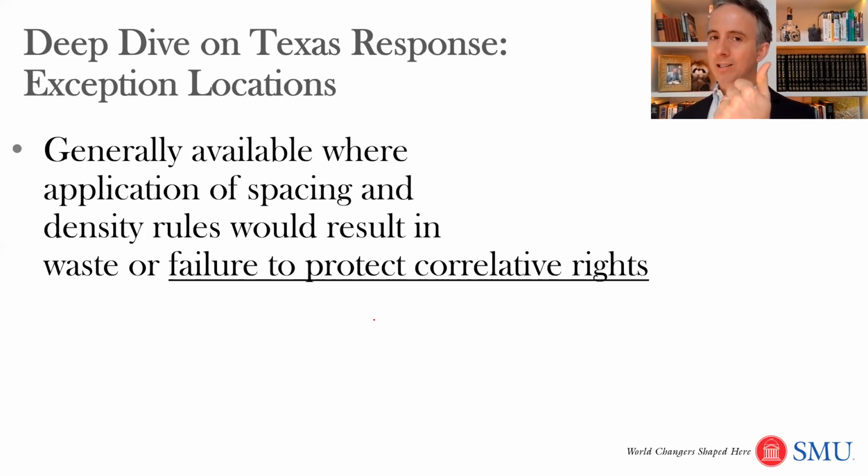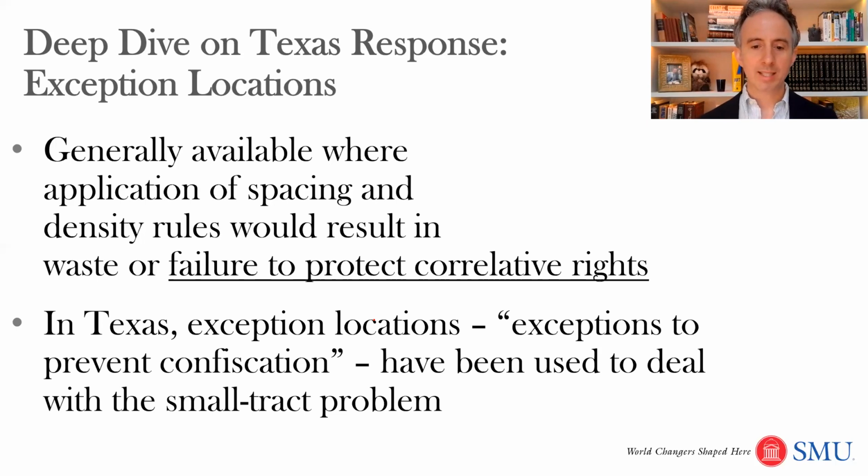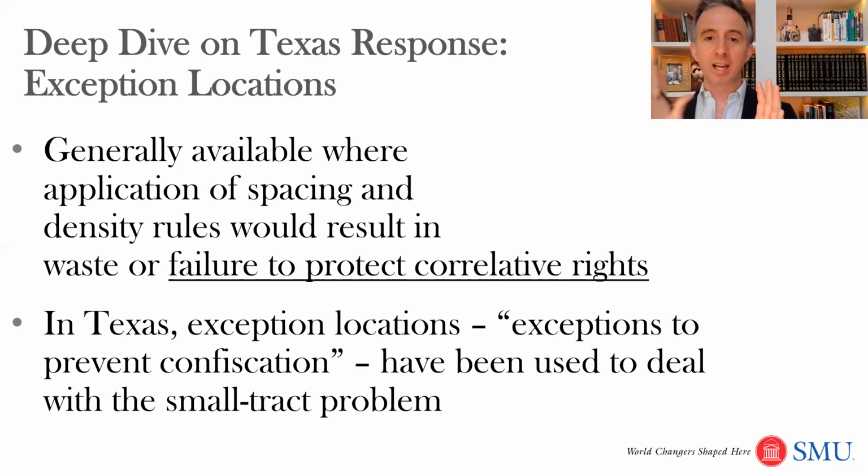Your neighbors are just going to pump all your oil and gas. So it's not really waste. The bigger issue is failure to protect correlative rights. In other words, you had oil and gas underneath your property and somebody pumped it away unless you get that exception well. So in Texas, those exception locations, exceptions to prevent confiscation, have been used to deal with the small tract problem.